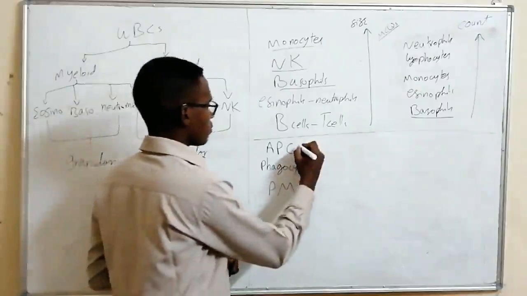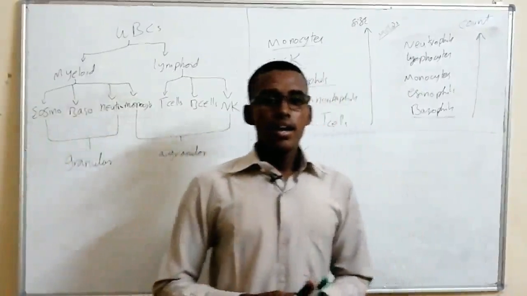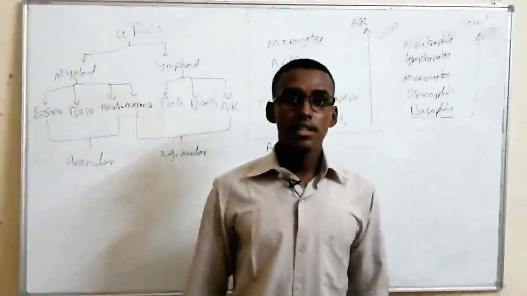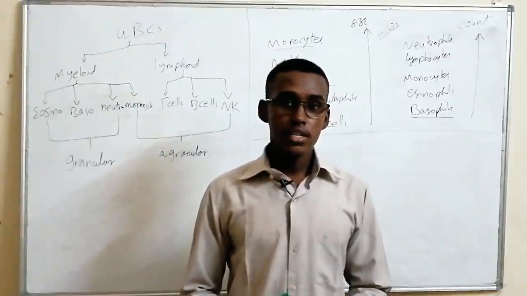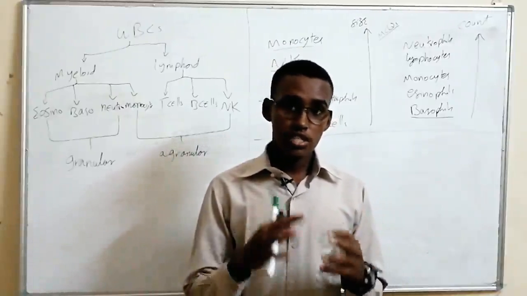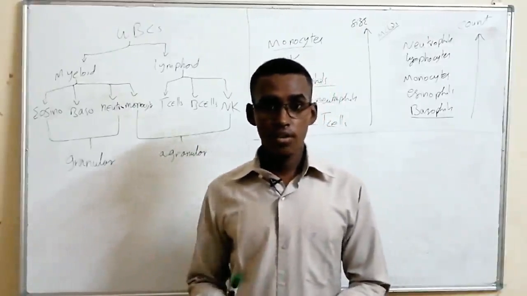Well, let's start with APCs. APCs are a type of cells that when they encounter an antigen, they engulf it and process it, then they present it to the T cells.